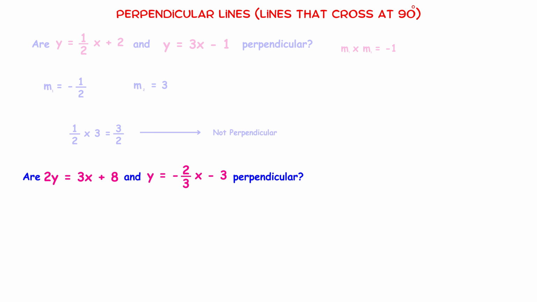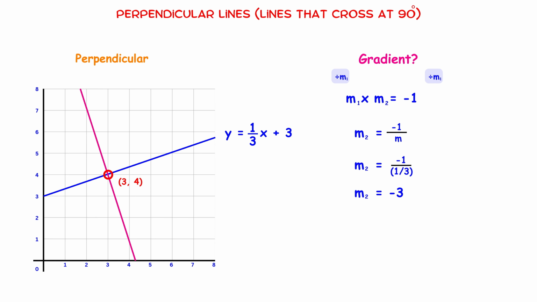The next thing we need to look at is how to find the gradient of a perpendicular line. For example, if you were given this line of y equals 1/3 x plus 3, and then told that this other line was perpendicular to it, you'd need to be able to figure out this other line's gradient. For questions like this, we can use the same formula as we were using before, but this time we're effectively looking for the m2 value, because we want the gradient of the second line.